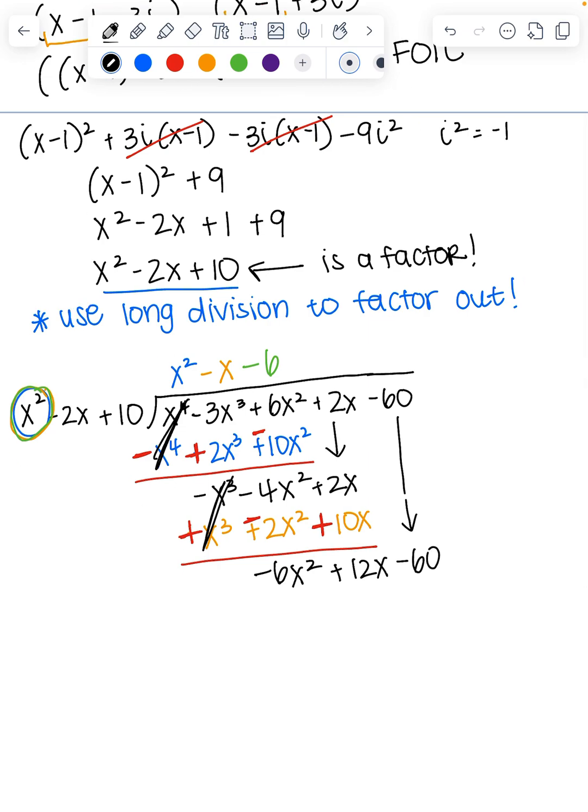Okay, I have, coming back, a negative 6x squared plus 12x and then minus 60. But I have to change the sign of everything. So addition, negative, addition. Okay, this will cancel. This will cancel, and this will cancel. So I'm left with a remainder of 0, which is great.